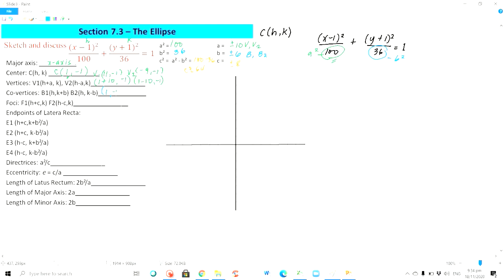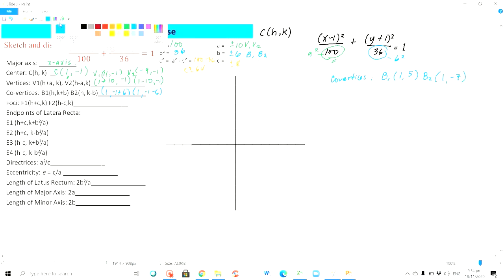So, negative 1 plus 6 and 1. Negative 1 minus 6. Okay, so dito ko na lang isulat. Ang co-vertices po natin, which is B1 is 1 and 5. And B2 is 1 and negative 7.